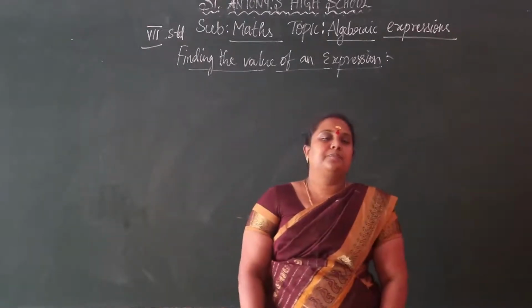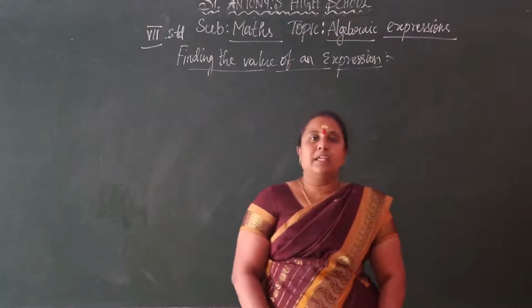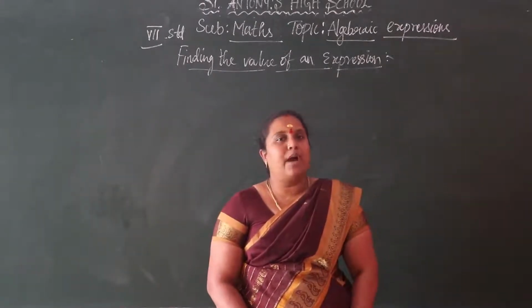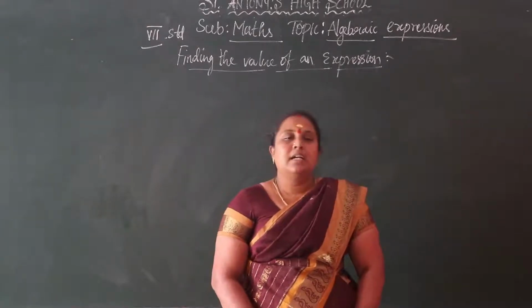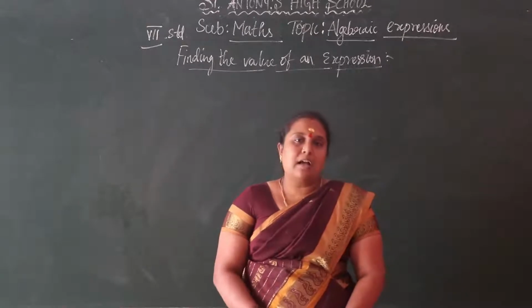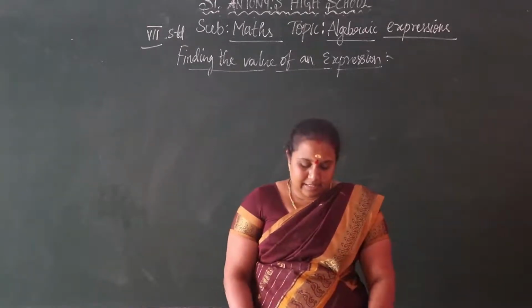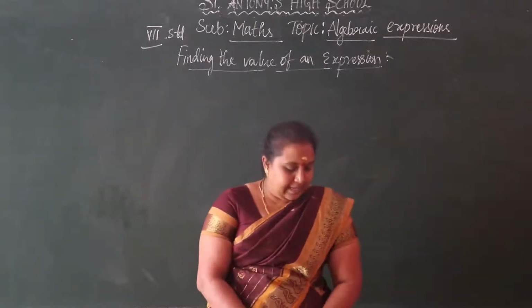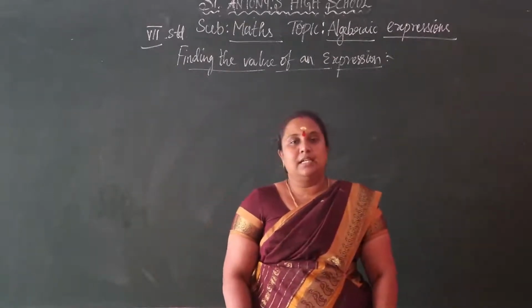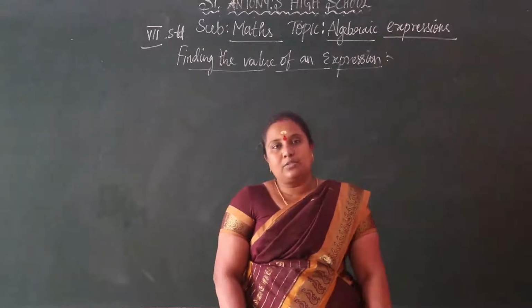And then adding and subtraction of algebraic expressions, how to add and how to subtract based on like terms and unlike terms. And then we saw general algebraic expressions, adding and subtracting them also. I hope you all understood that.